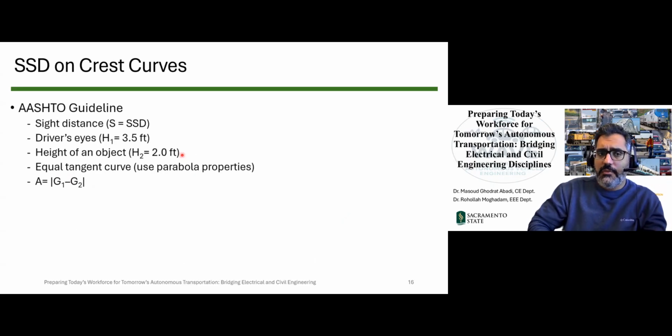The AASHTO Green Book provides some suggestions for the values that you saw in those equations. Like, they suggest H1 to be 3.5 feet, so a driver's eye to be 3.5 feet above the ground. This is a sedan, right? We do not design for trucks here. Why? Because trucks are not critical vehicles here.